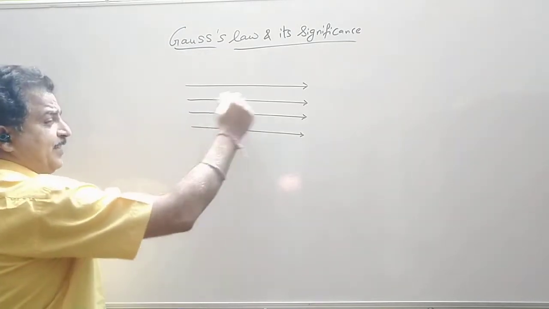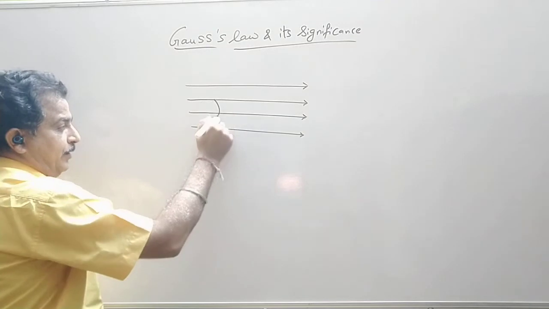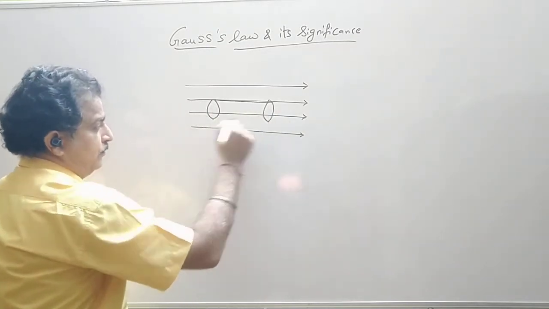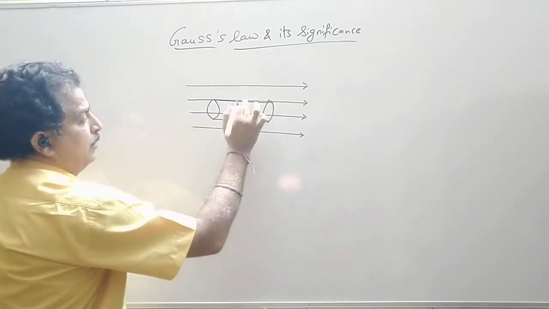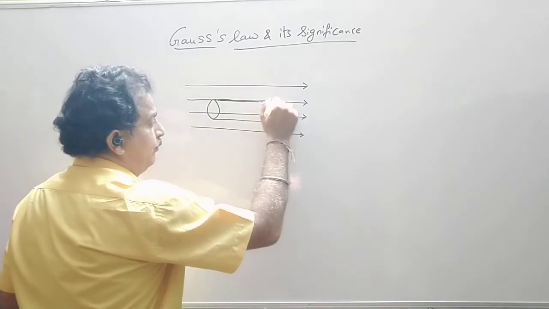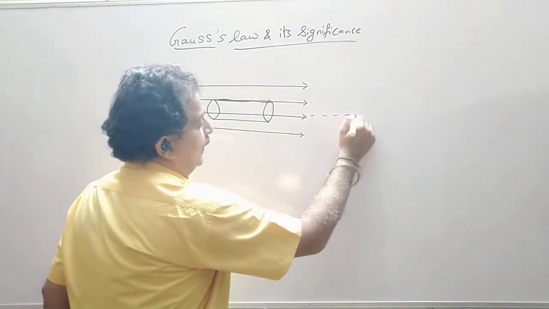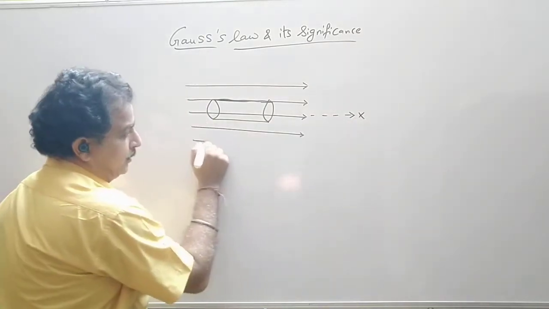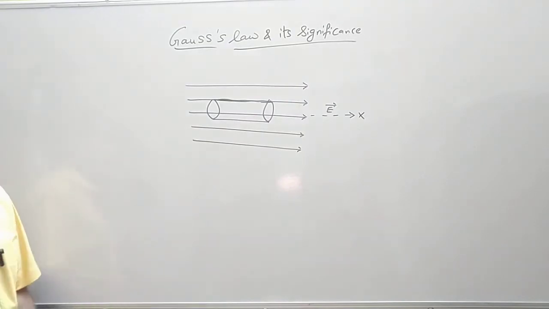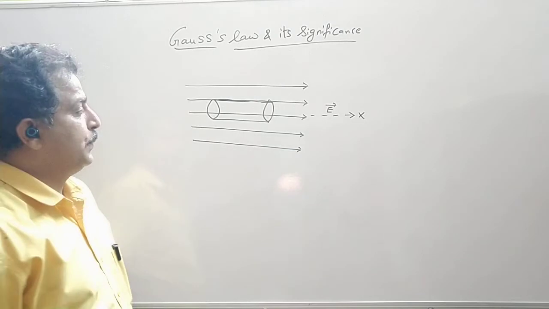Now a cylinder is placed in a uniform electric field, and the uniform electric field is taken along the x-axis. This is the electric field intensity along the x-axis. We will prove that the flux linked with this closed surface is 0.